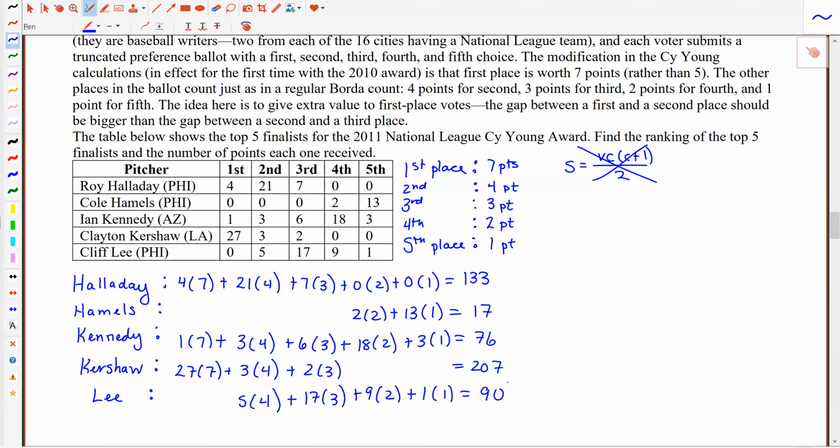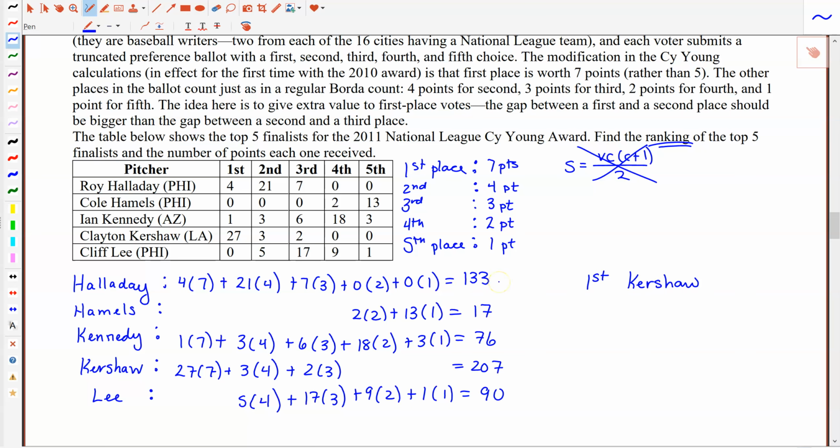Alright, so then my overall ranking then, so looking at this, first place would be Kershaw. Now keep in mind, I want the overall ranking. So I don't want to just find the winner, I want to rank all of these top 5 finalists.